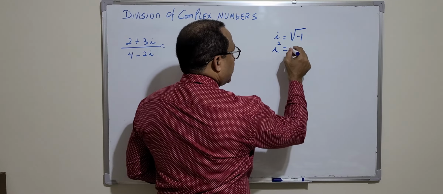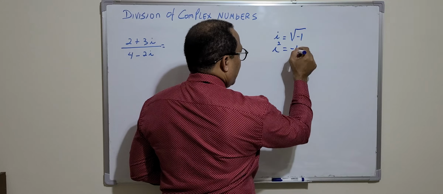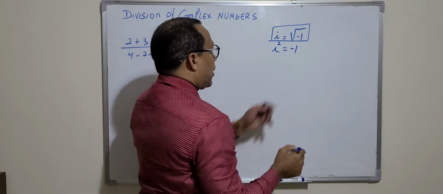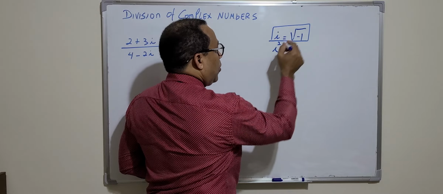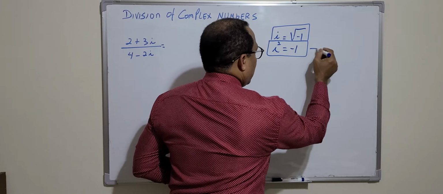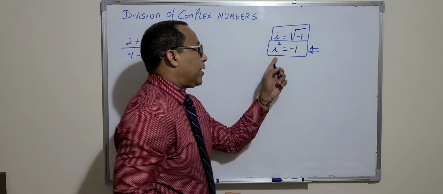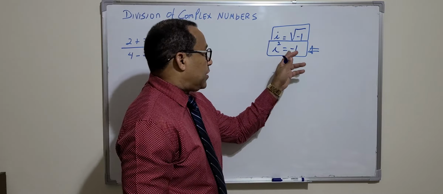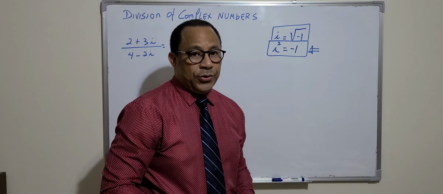So this would be i to the second is equal to -1. So what I did was replace the radical with the power 2. This is the information we always need to keep in mind, that i to the second is the same as -1. We should keep this in mind because we are going to be using it later.